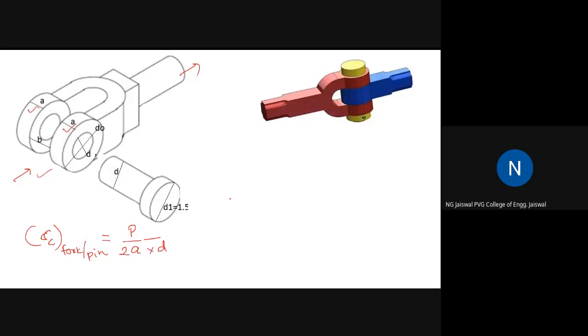Here, just note, somewhere written D1 is equal to 1.5D. What does this mean? That the diameter of the pin I can find out by some equation of failure. Once I find out the diameter of the pin, I can find out the diameter of this collar as a proportion of the diameter of the pin.